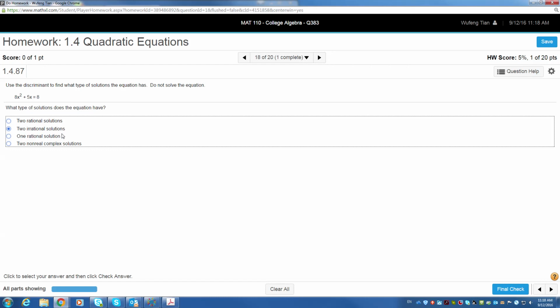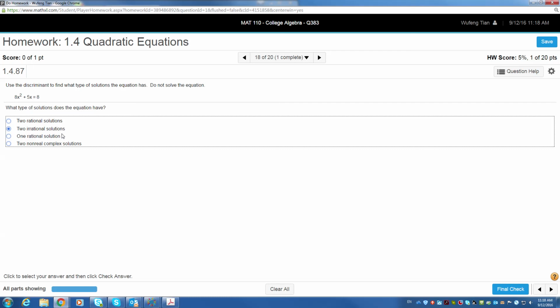You can tell the difference between irrational and rational by taking a square root. 25 plus 256 actually equals 281. 281 is positive, so it's two real roots. But 281 is not a perfect square. If you take the square root, you're going to have a lot of decimals. It's an irrational number.